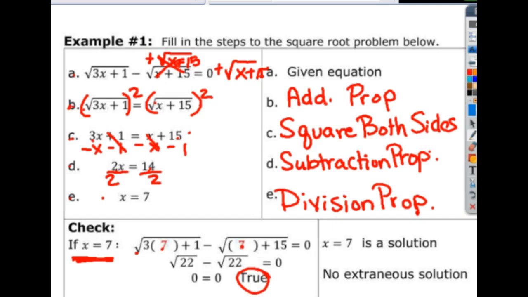That means that the x equals 7 is a solution. It's not that the 0 is a solution. The 7 is a solution because that was substituted in and it made a true answer. And so there's no extraneous solutions in this because it checked out.